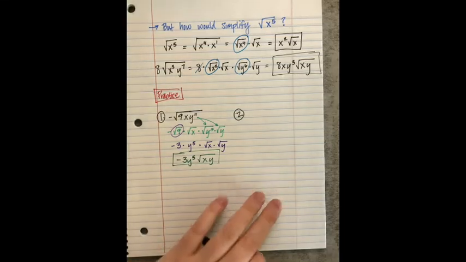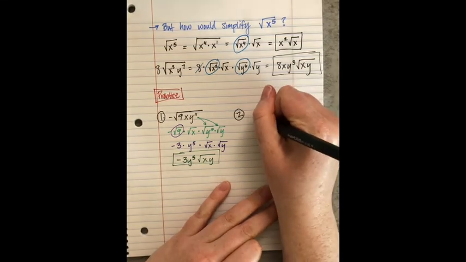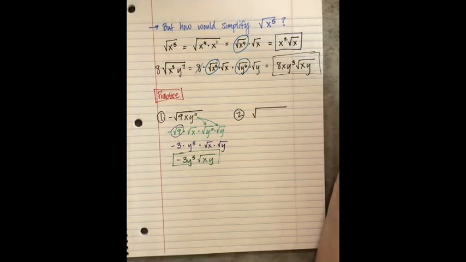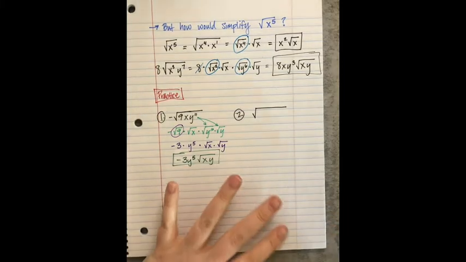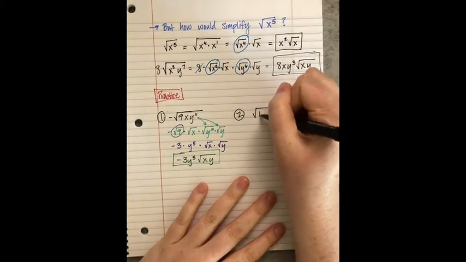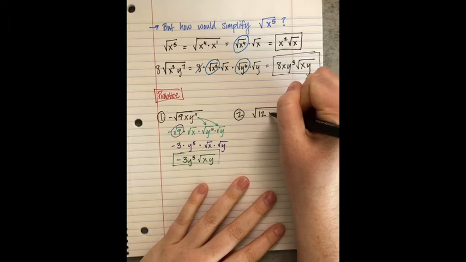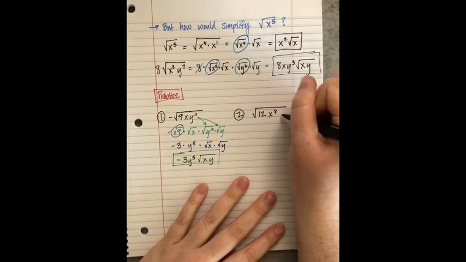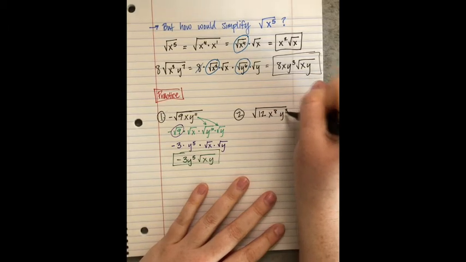Okay. This is a good one for you to actually pause the video and try it without my help. So underneath the radical, you have 12 x to the 8th, y to the 3rd.